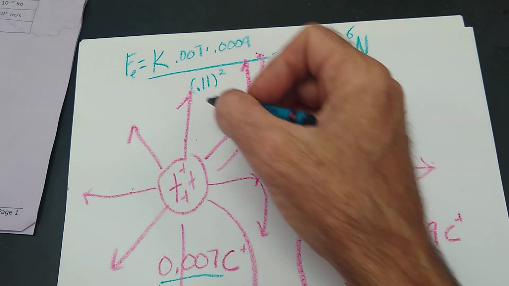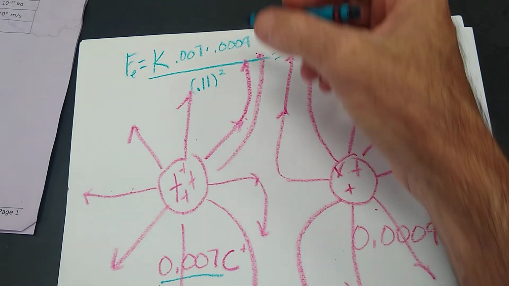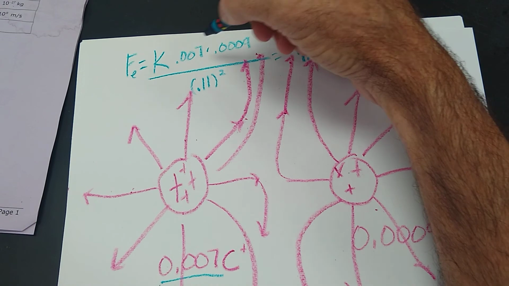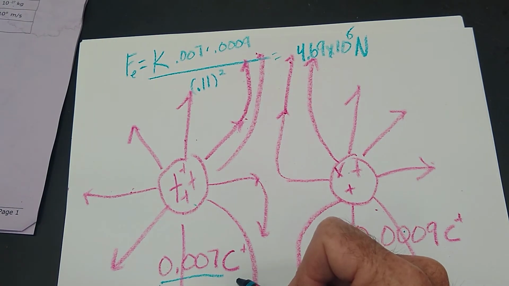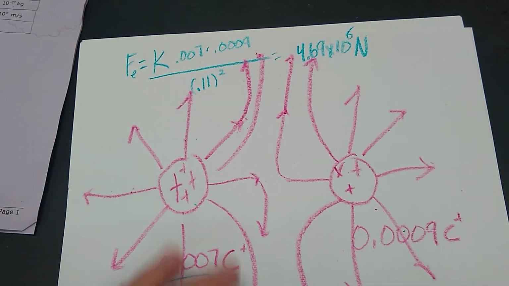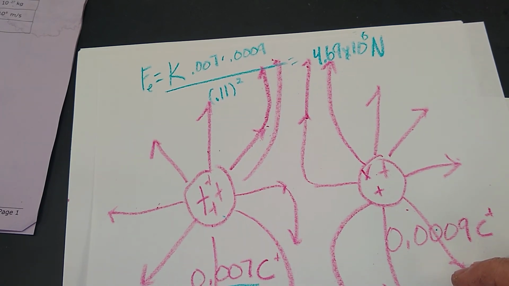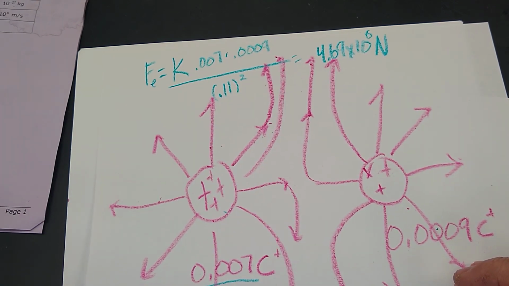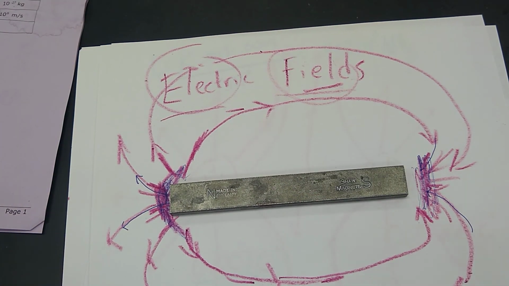And the formula looks just like the formula for gravity. Instead of mass, the important thing is the charge, and the charge is measured in coulombs. Opposites attract, like charges repel. The lines on the charge are very similar to magnetic field lines.